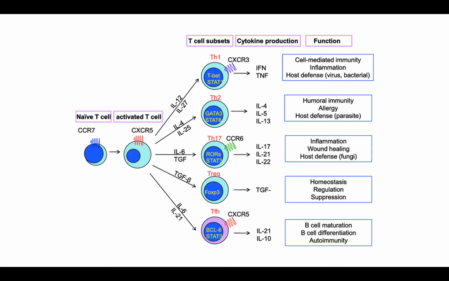Okay. And then for the TH1, we have the CXCR3. That's an important receptor. On the 17, we have a CCR6 receptor that's important. And on the TFH, we have CXCR5.